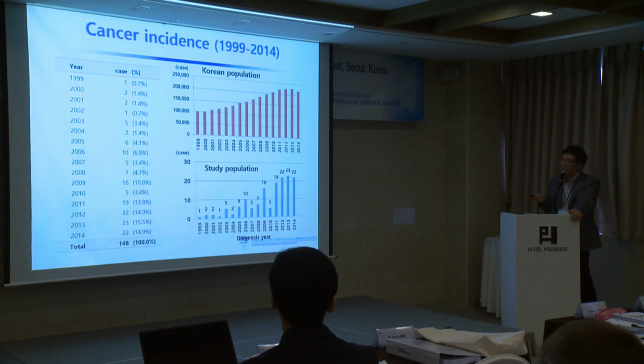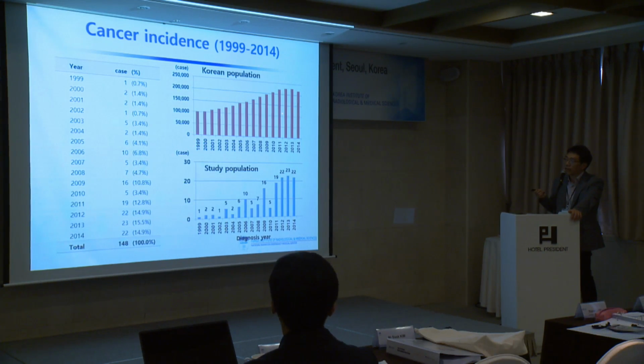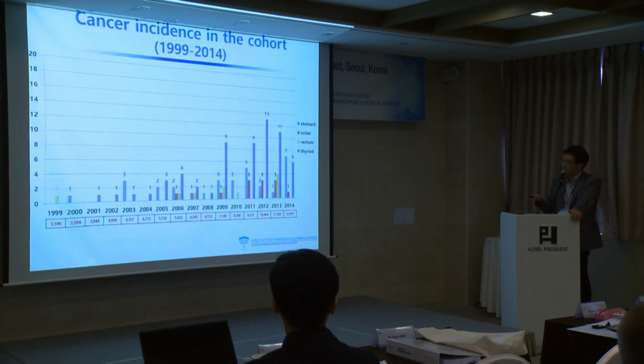As you can see, the cancer incidence increases up to about 2012 or 2013 and decreases in 2014. A similar pattern showed in our study cohort, which hit 2012 and decreased in 2014.